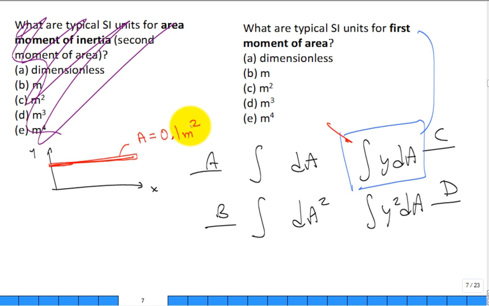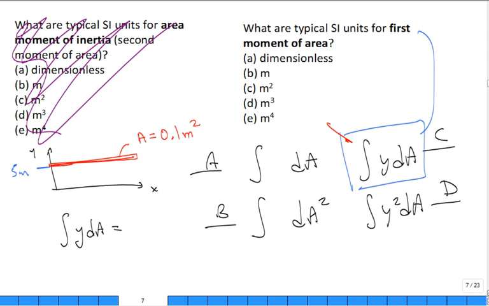And is it parallel to the x-axis or parallel to the y-axis? It's parallel to the x-axis. Okay. And we're going to say that the y is at a location of 5 meters. Can you tell me what is the magnitude of the integral y dA for this problem?